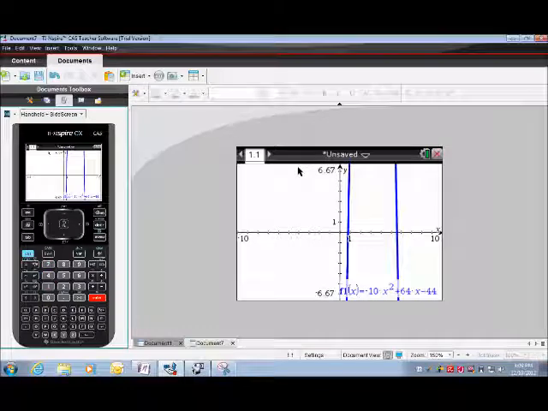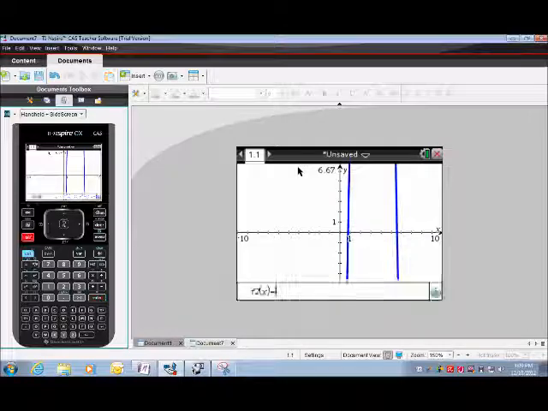Enter. That's the first part of our inequality. And then the right side, you can either hit tab or control G. I'm going to hit tab, and we're going to type in 50 and hit enter.